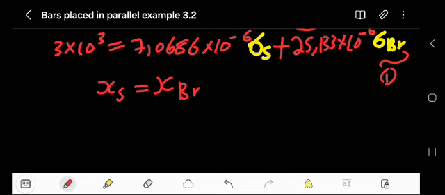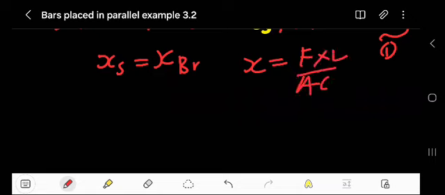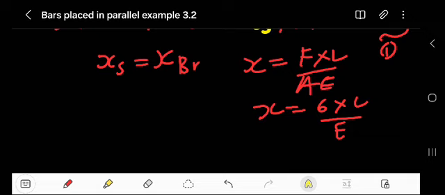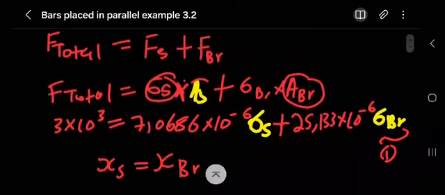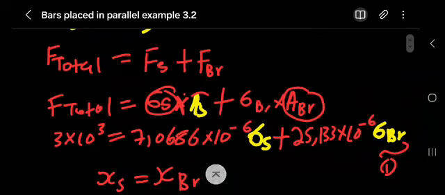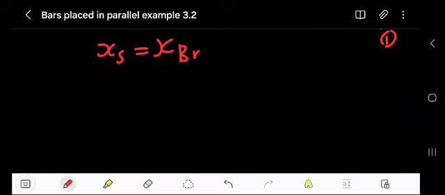We know this is force multiplied by length over area times E. Also again it is stress multiplied by length over E. So it's up to you which one you want to choose, but I will choose the one with stress, because I've decided to use this one. So here I'll have the stress of the steel.